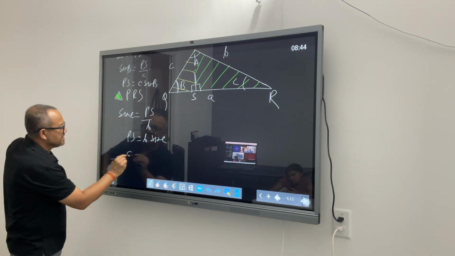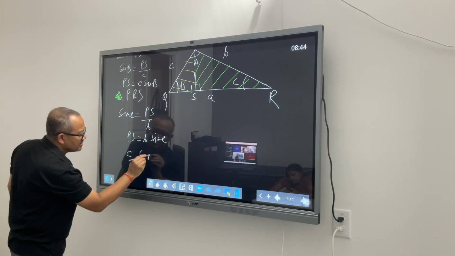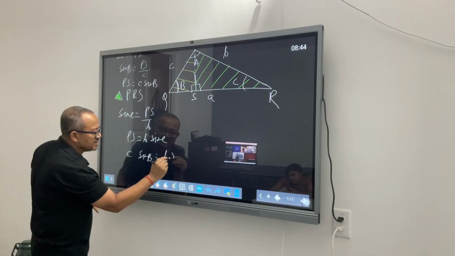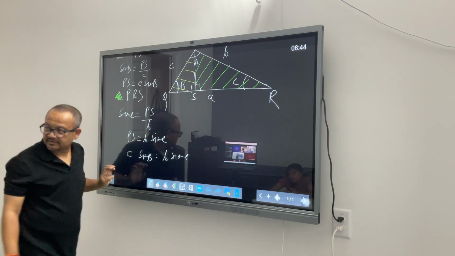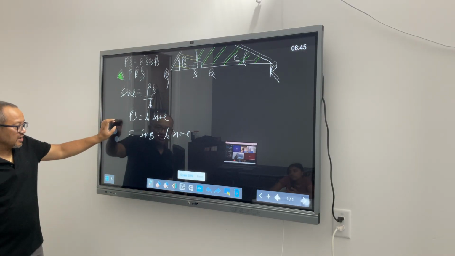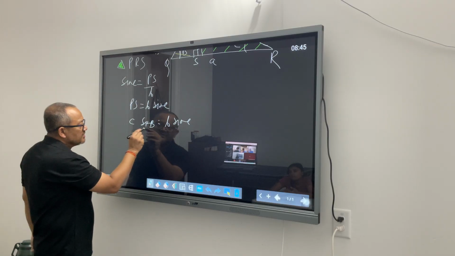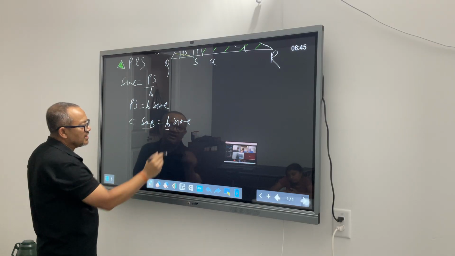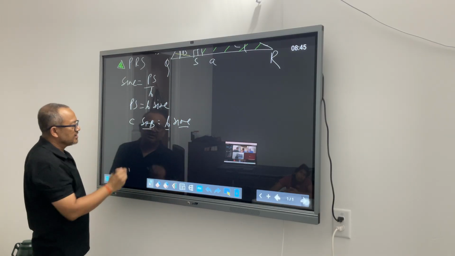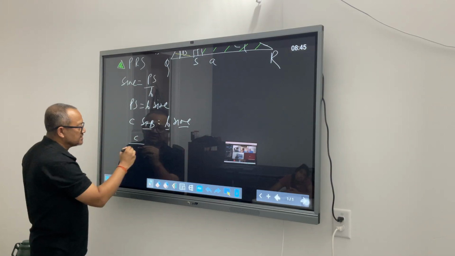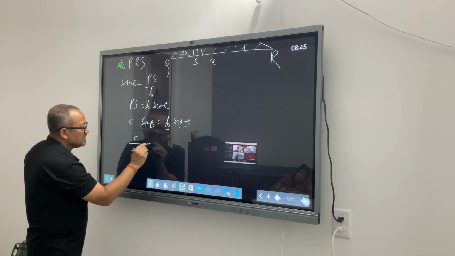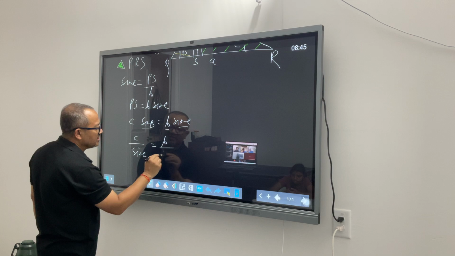Or I can say C sine B equals B sine C. That means bring sine B next to this guy and sine C next to this guy. So this became C over sine C equal to B over sine B.